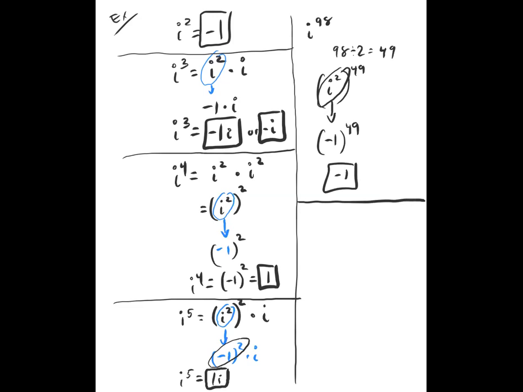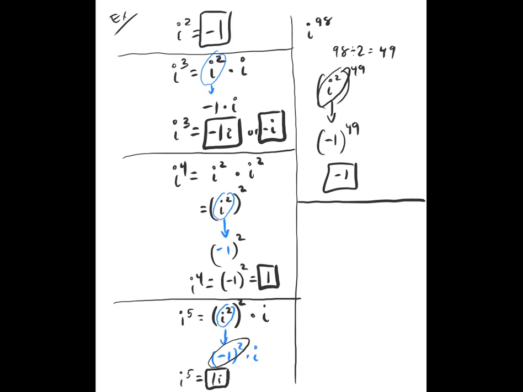So that would be the work that I expect to see for a problem like this. Maybe you don't have to show this part; you can do that mentally if you wanted to. Any questions with i to the power of 98?